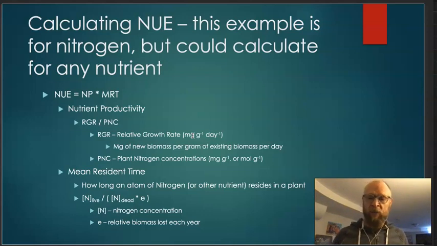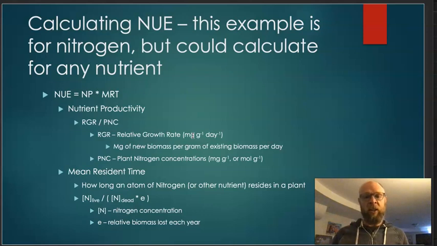It's okay to look at absolute growth rate, but you should also look at relative growth rate, because a large plant, I'm using my hands to describe a large plant with lots of leaf area, is obviously going to grow faster than a small plant with fewer leaves. But if you normalize it by how much biomass is there, that big plant isn't always more efficient at growing.